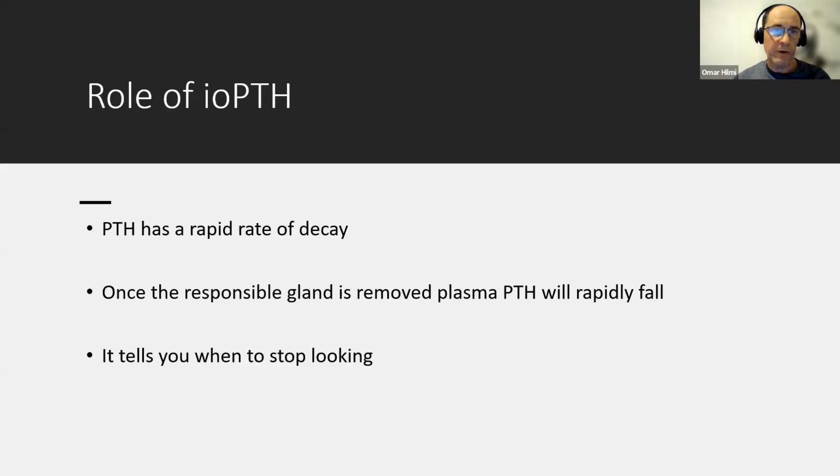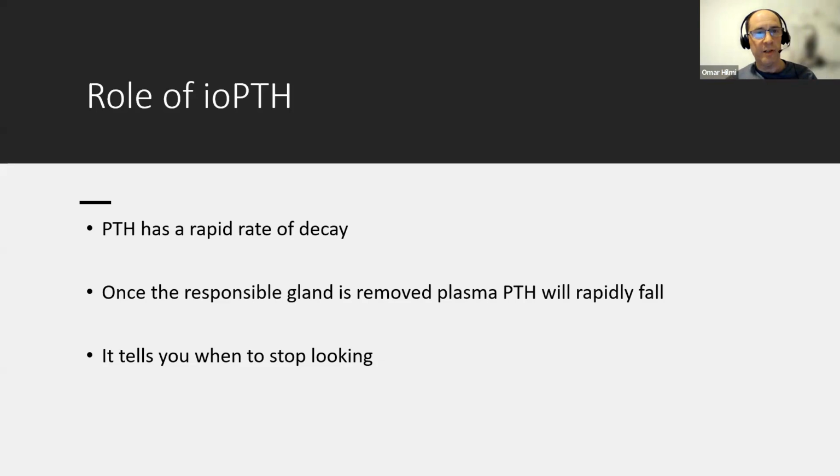We know that parathormone has a rapid rate of decay with a half-life somewhere between 3 and 5 minutes. And we know that once you remove the responsible gland for that hyperparathyroidism, the PTH will fall rapidly. And if we can assess that, we then know that we can stop further exploration and stop further surgery.